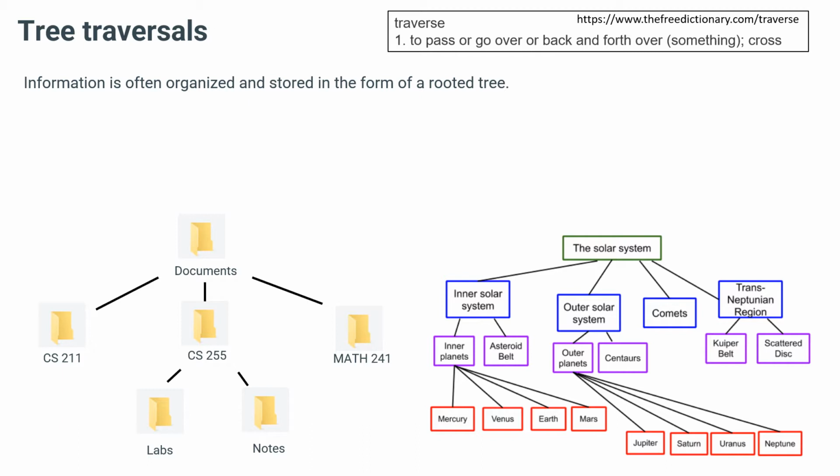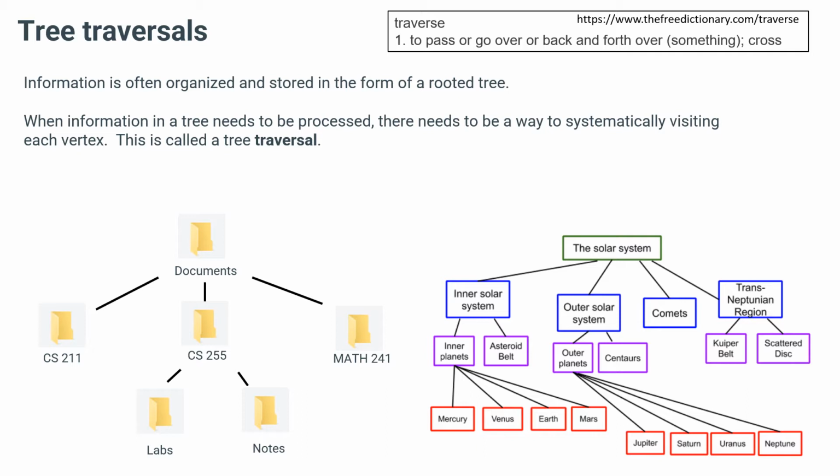If we want to print all of that out, then we would have to decide how to traverse this tree in order to visit each one of the vertices and then print that information out. So that's another example of why we might want to talk about different ways we might traverse a tree.